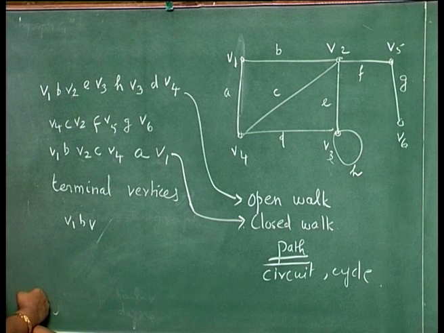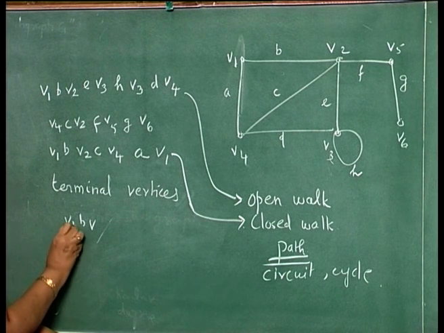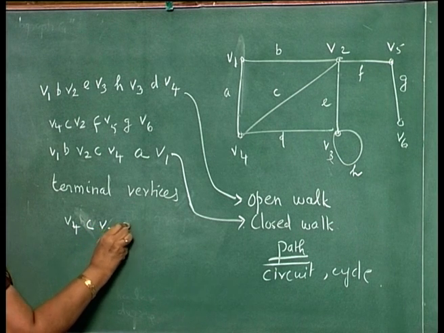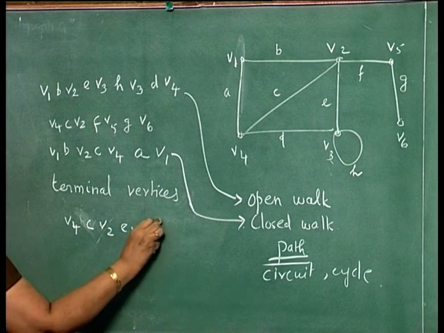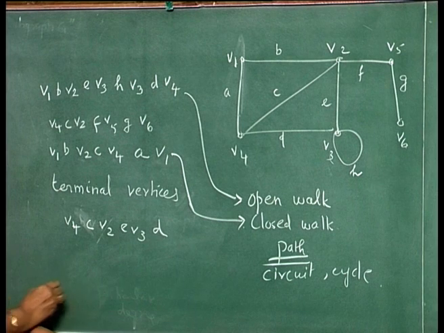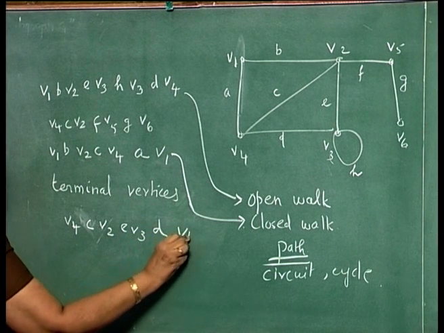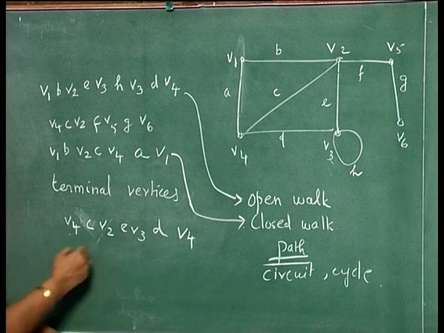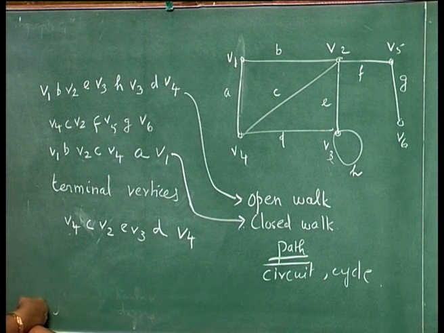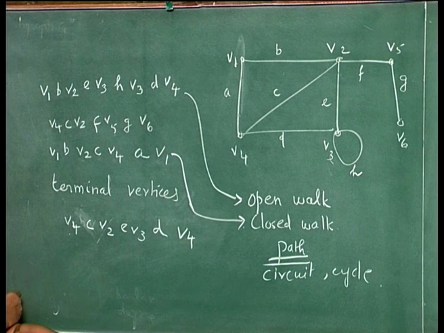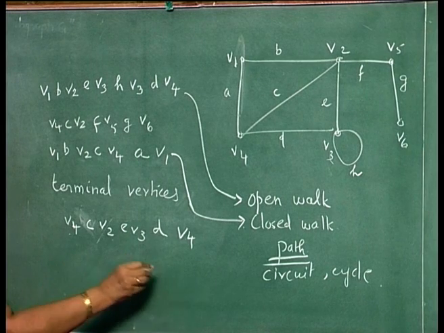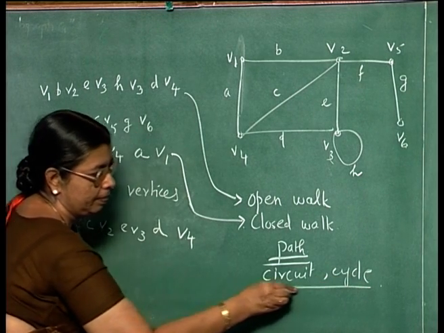Similarly, you can also have V4, C, V2, E, V3, D, V4. Beginning and the end are the same, and no vertex or edge is repeated in the middle. This is called a closed walk, and this is called a circuit or a cycle.